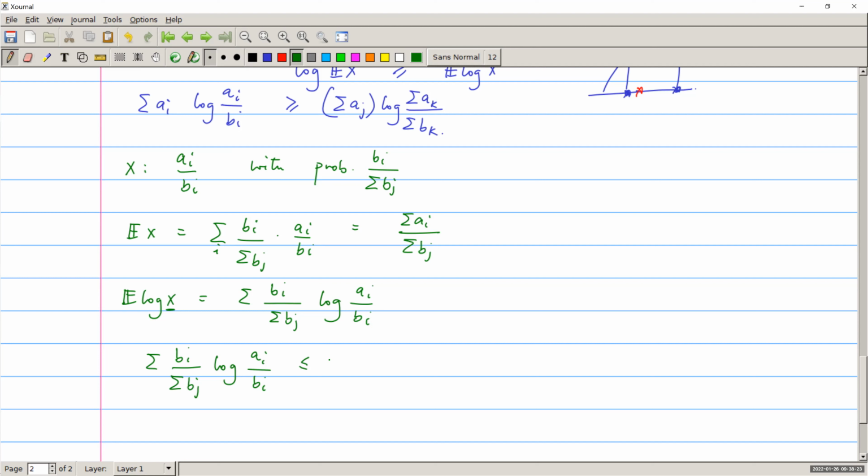So the expectation of log of X is less than or equal to the log of the sum of a_i over the sum of b_j's.